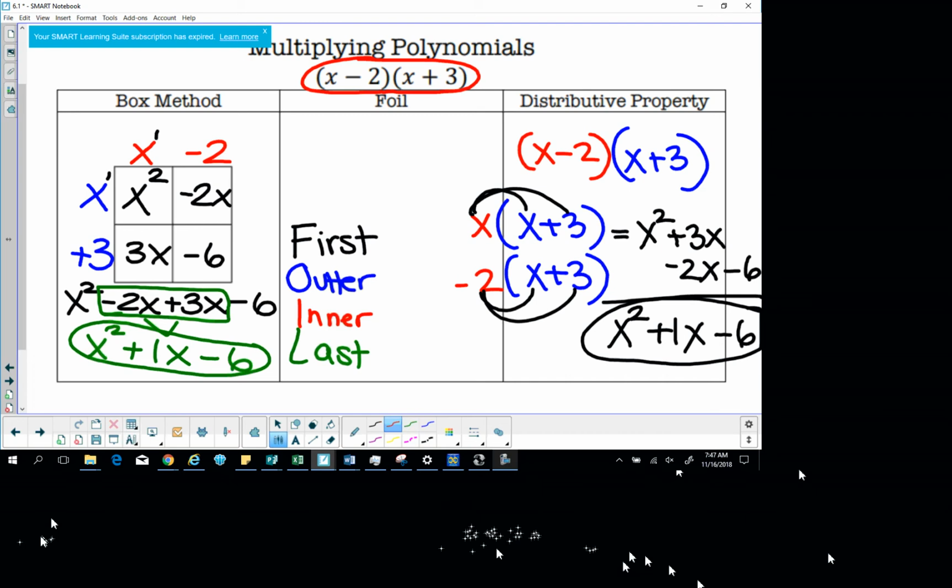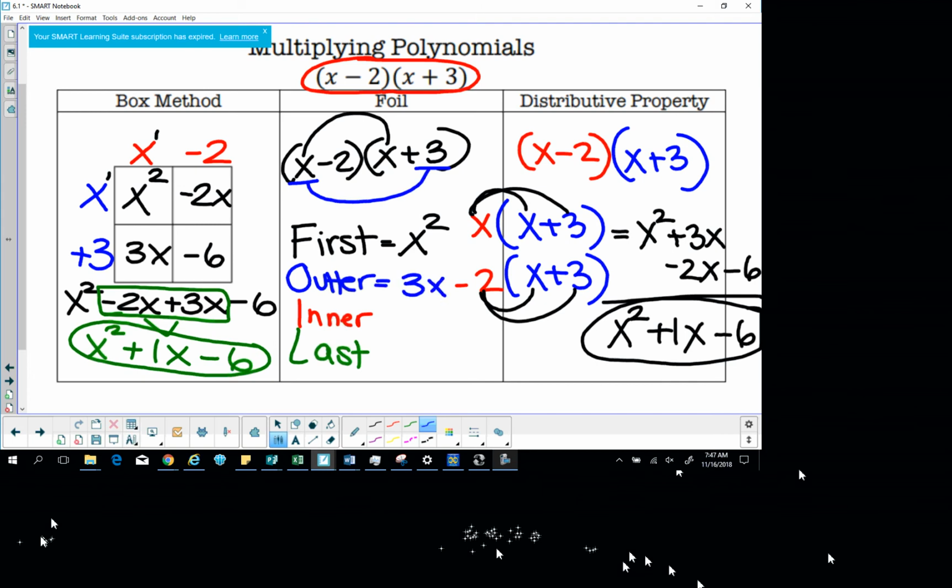So I have the equation with x minus 2 and x plus 3. First means multiply the first terms. So what's x times x? X squared. Outer terms, the outside terms, these two. What's x times 3? 3x.